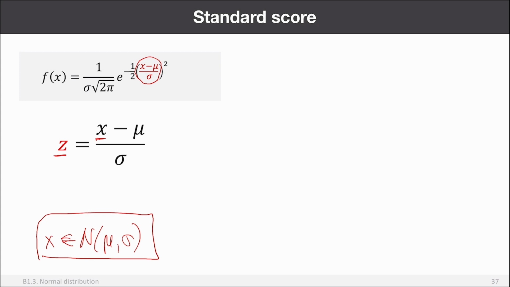But what will be, for example, the mean and standard deviation of z? What will be the mean of z? Well, let's think.